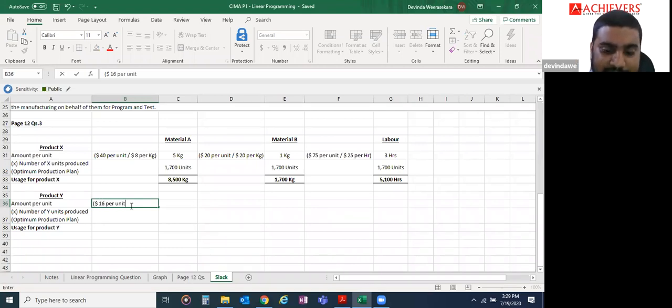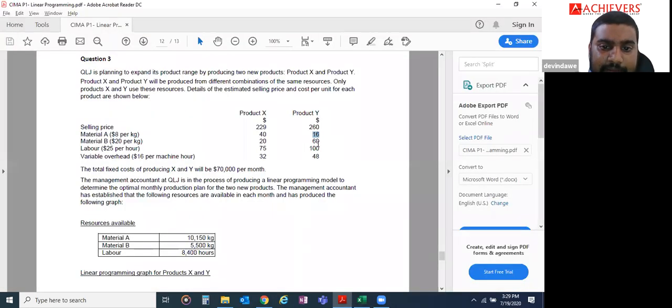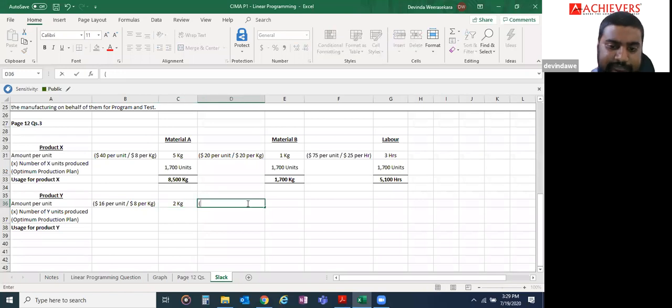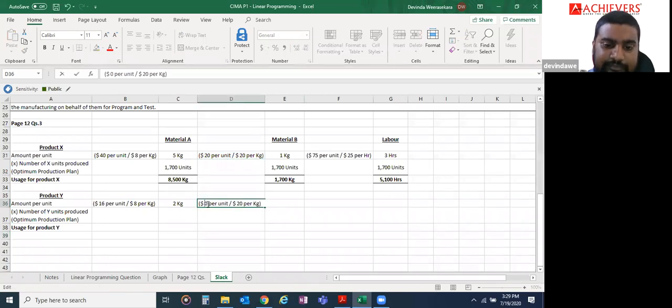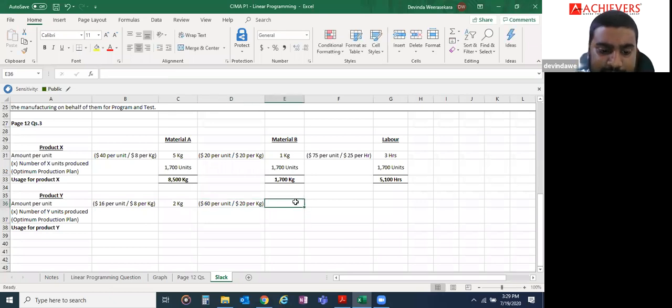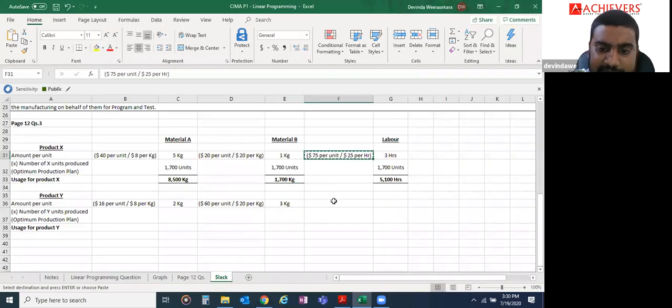You all should be able to understand. 8 per kilo, 2 kilos. B, 60 divided by 20, 3 kilos. Labor, 100 divided by 25, 4 hours.